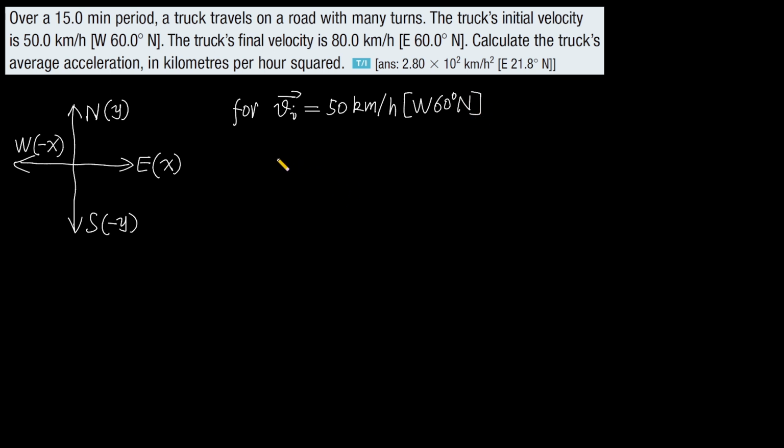Now I draw the graph. This direction is north, also positive y direction, and this direction is west, also negative x direction. And the direction of initial velocity is west, 60 degrees toward north, so it should be here.